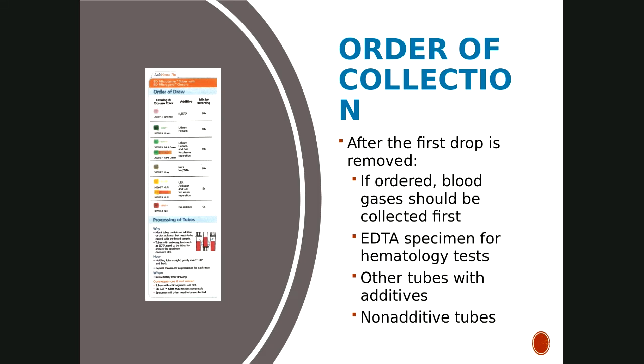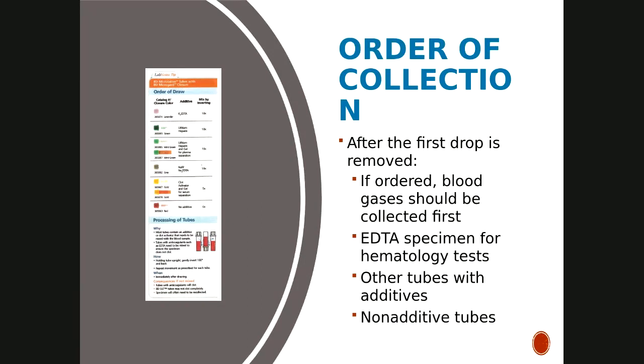So the order of draw. After the first drop is removed, if ordered, blood gases should be collected first in our order of draw. EDTA specimens for hematology tests, so a lavender top tube would come next.